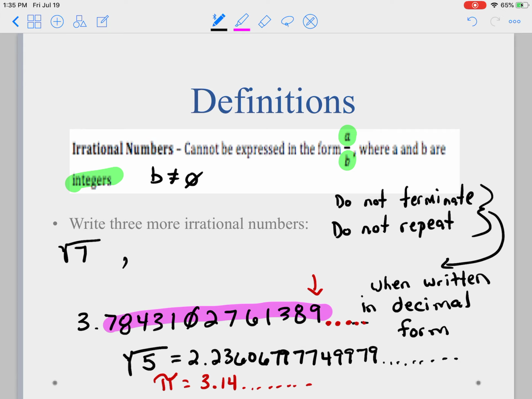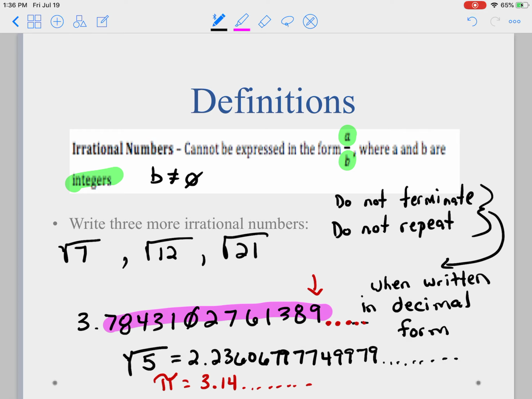We could also look at the square root of 12. And another square root that we could consider is square root of 21. Once again, there are infinite numbers of these irrational numbers, but they are a separate set.